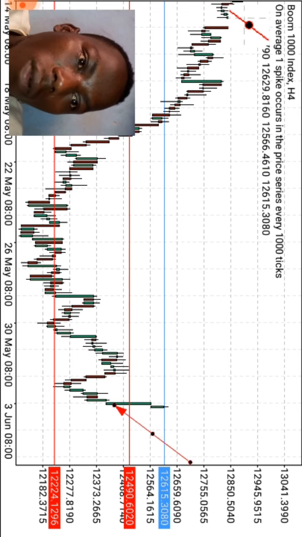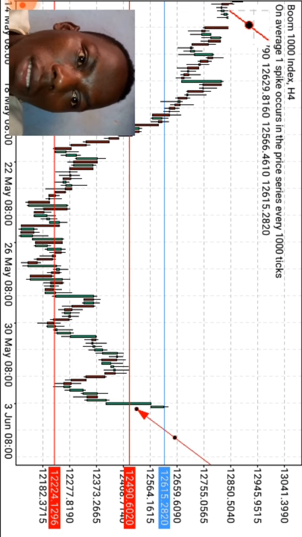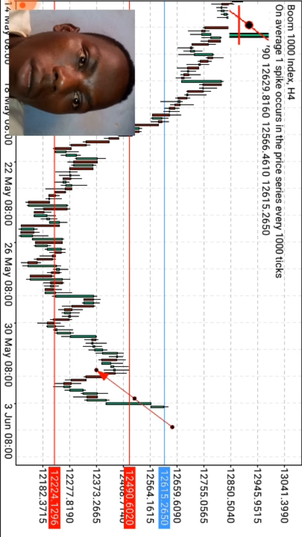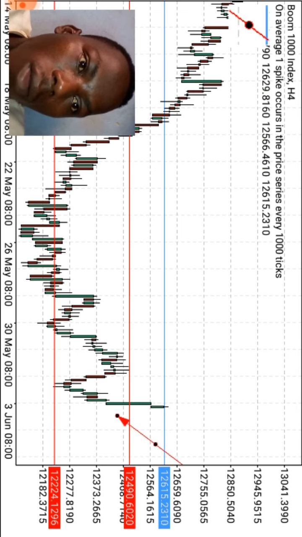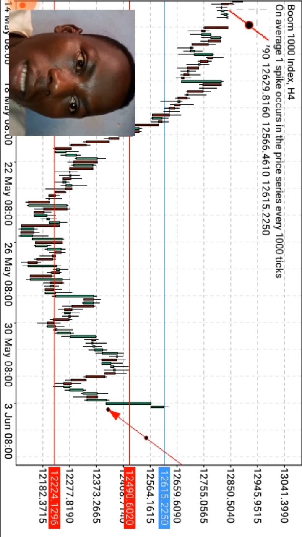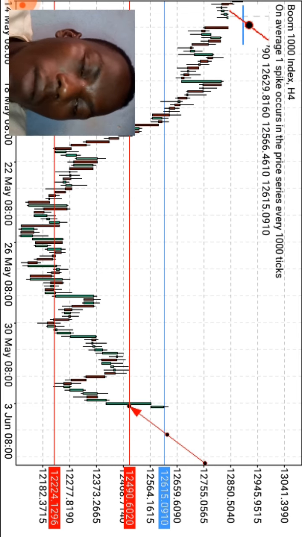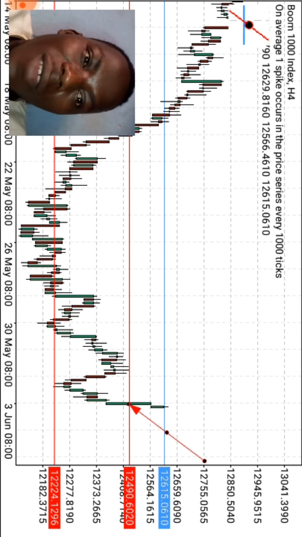For our case, we saw that it broke upward. However, you don't have to wait until the breakout. Just wait until the price comes near this, then you lower down to your entry time frame. For this case, I'm going to use M5.